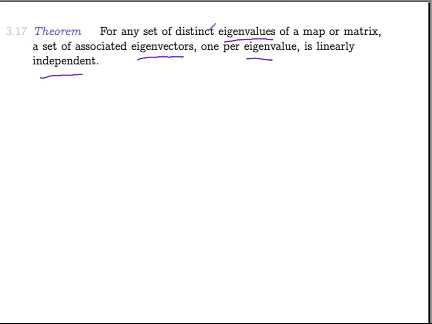Okay, we can use induction on the number of eigenvalues. The base step is that there are 0 eigenvalues, and the set is empty, so this is linearly independent. So let's continue. Let's assume that the statement is true for any set of k distinct eigenvalues.